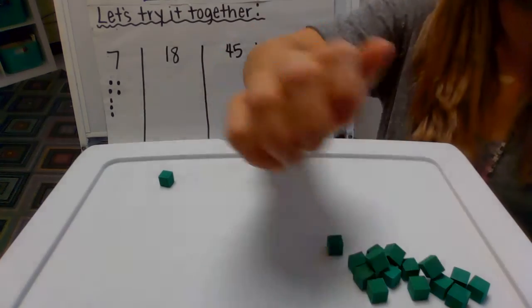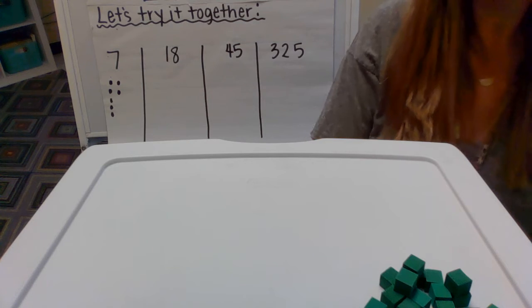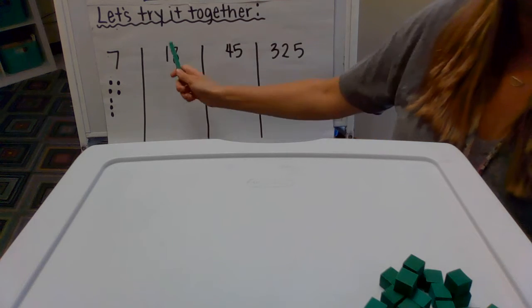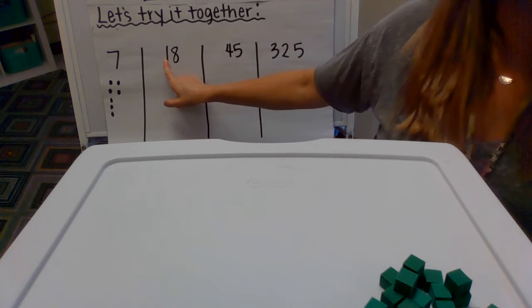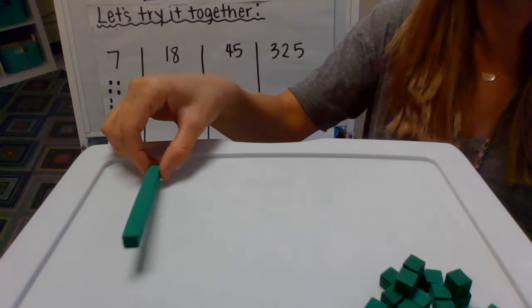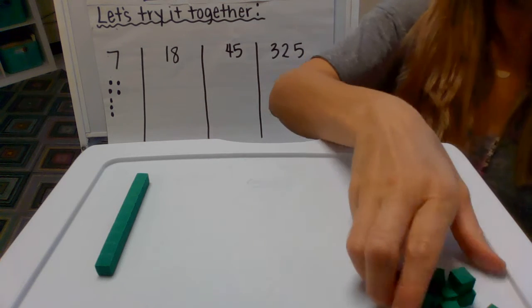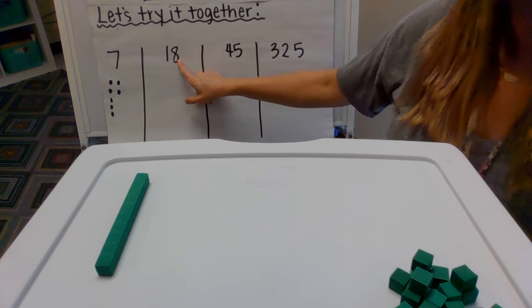We have the number 18. We are going to need to start in the tens place, and we see that we have 1 ten. So we need 1 tens rod, and I'm going to put down my 1 tens rod. Now we're going to look at our ones place, which is an 8.